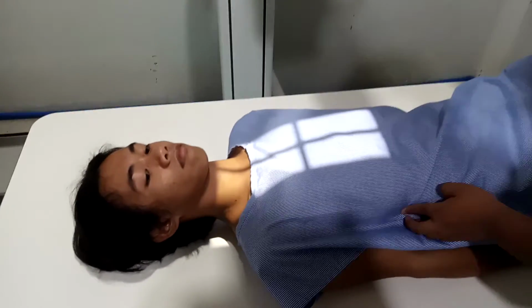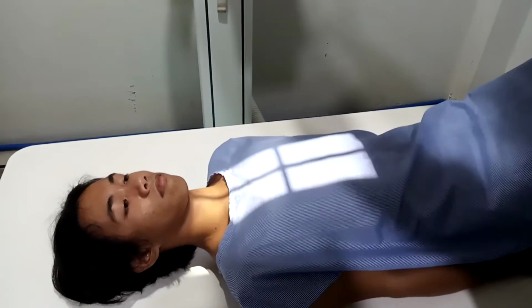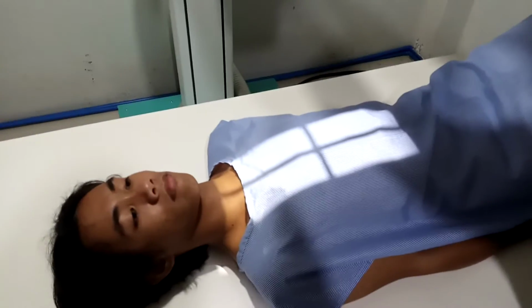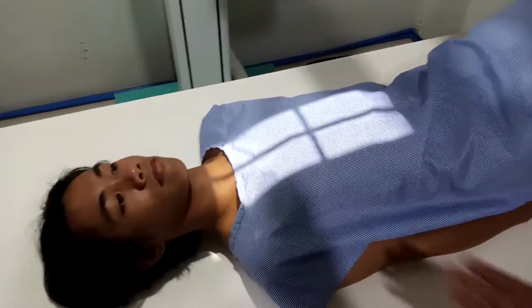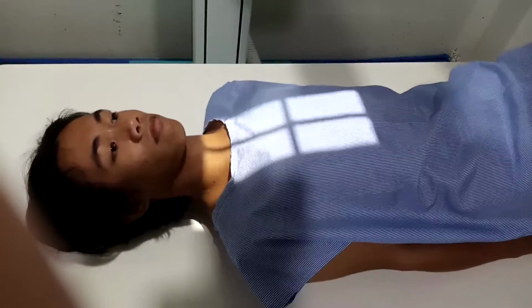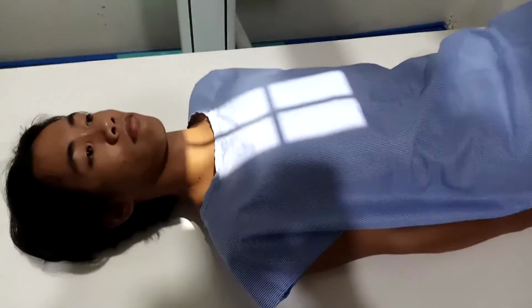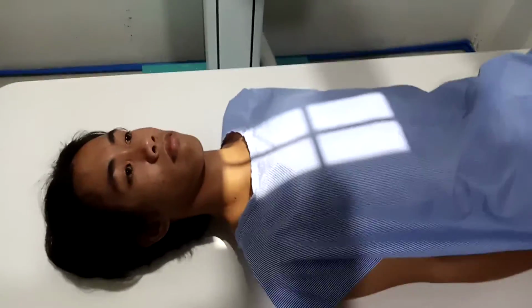So you need to include the next, so in this projection, you need to use a specially designed compensating filter that will improve the image quality.